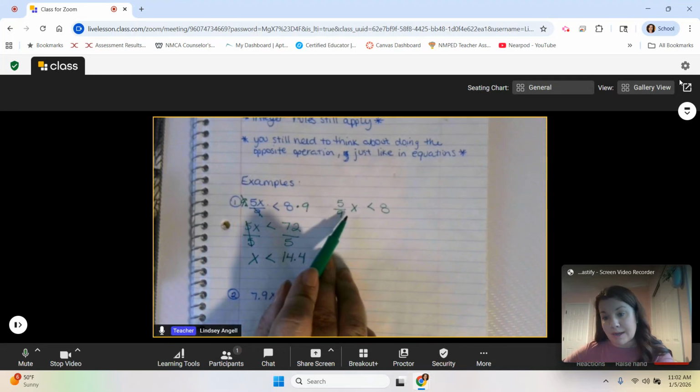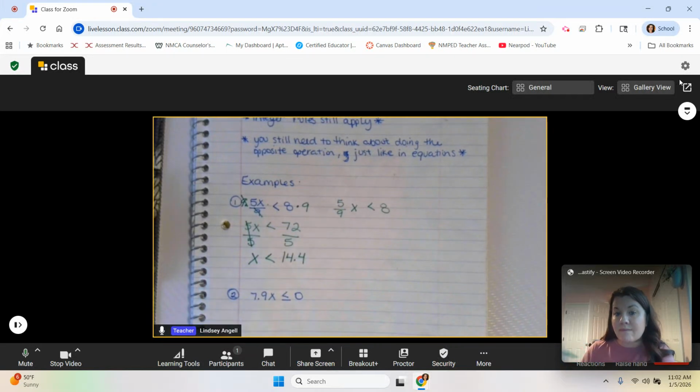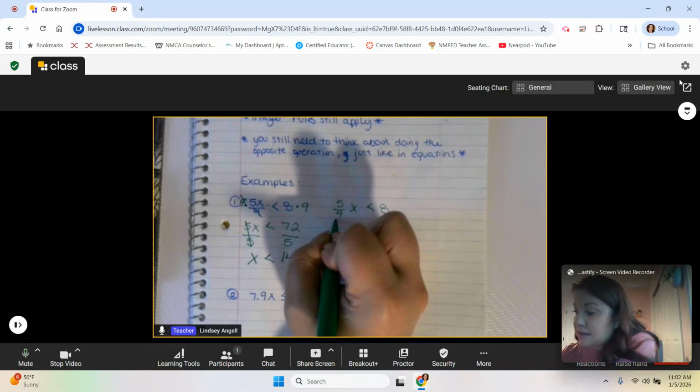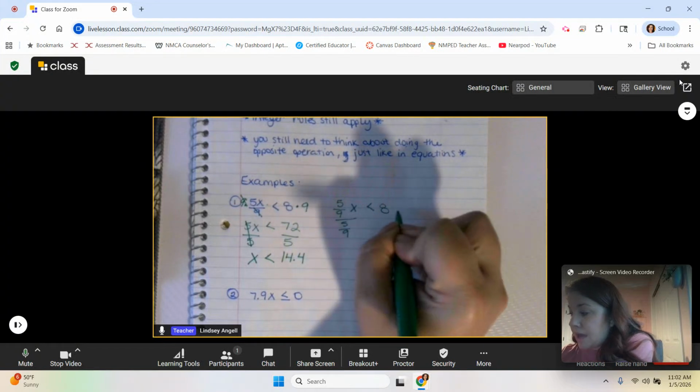So, I separated the fraction from my variable. So now I have 5/9 times x is less than 8. Well, multiplying, right, by something, the opposite of that is division. So I could divide both sides by 5/9. And we could write the whole thing out if you want. Divide by 5/9.